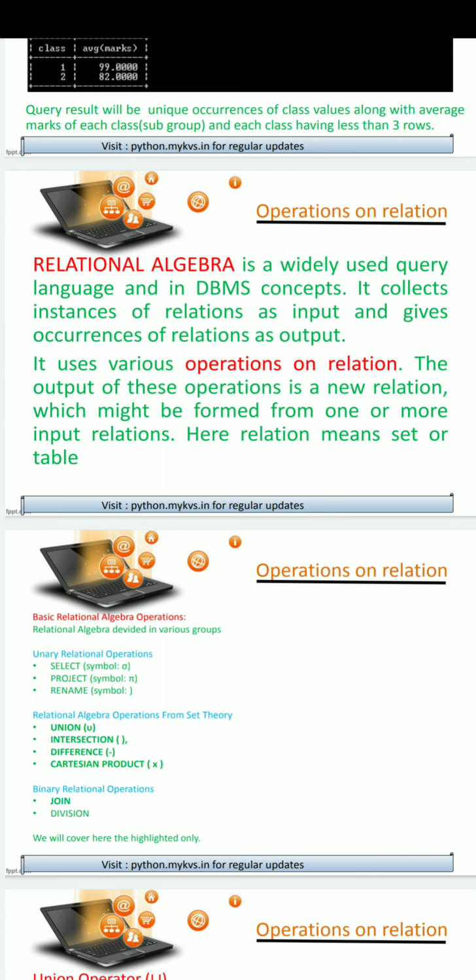Group by clause is used to arrange data by a particular value of a column on a group basis, and having clause is used to apply some condition with the use of aggregate function.